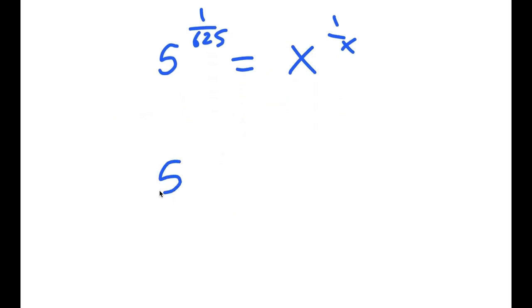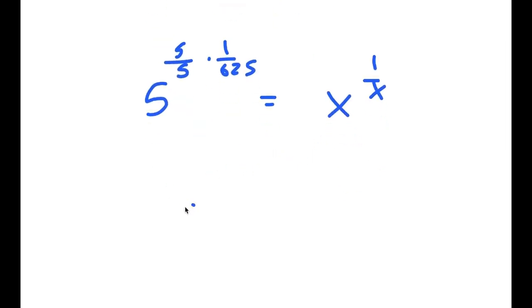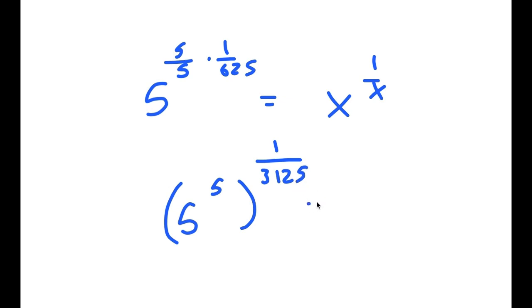So what I'm going to do is rewrite this as 5 to the power of 5 over 5 times 1 over 625. So now I get 5 to the power of 5 to the power of 1 over 3,125 is equal to x to the power of 1 over x.